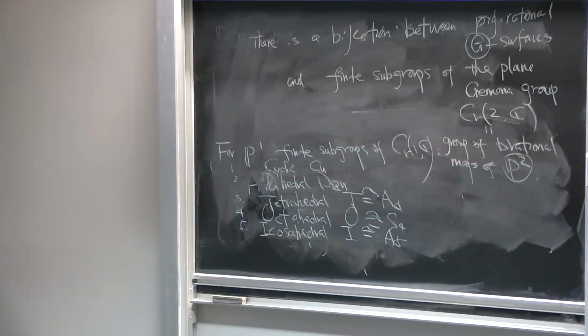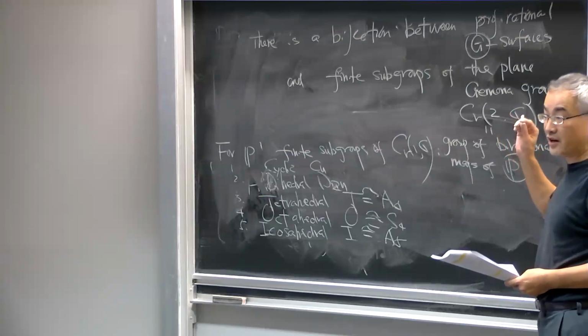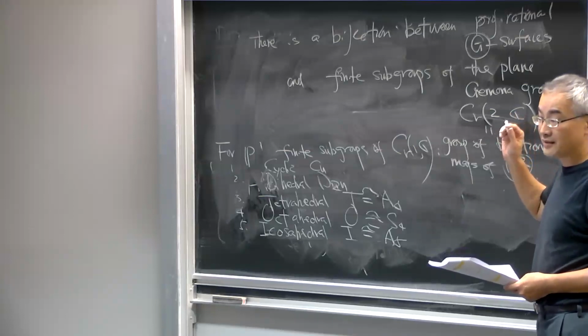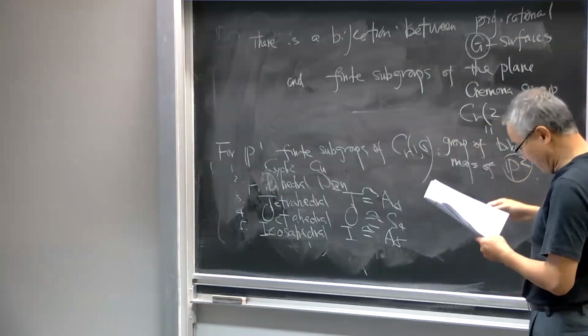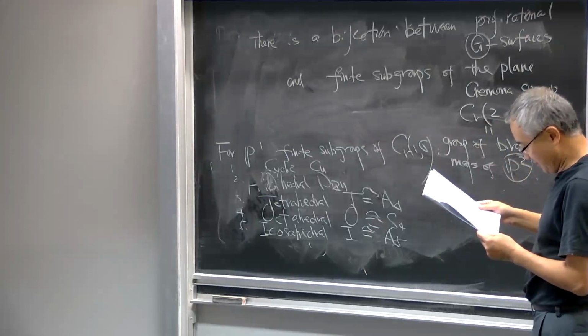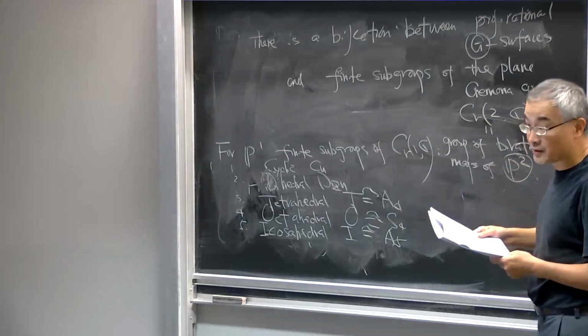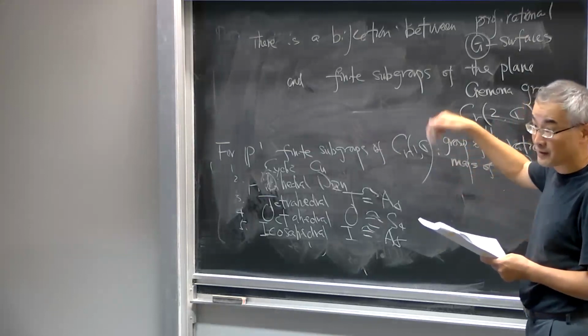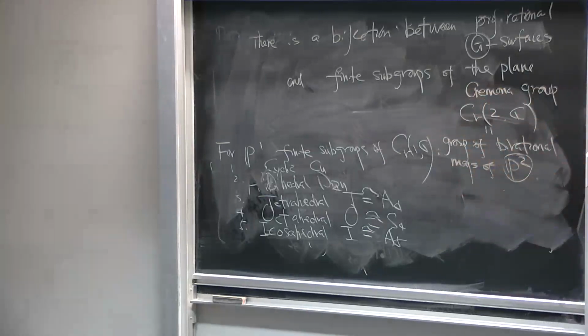This is just the finite subgroups of SU2, or rather of PGL2. If you have a finite subgroup, it must be in the compact one, and then you get finite subgroups of SU2.